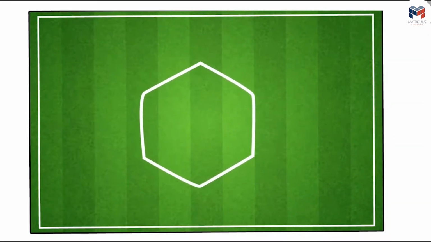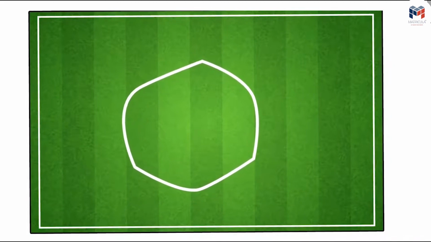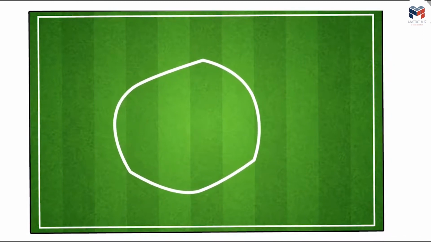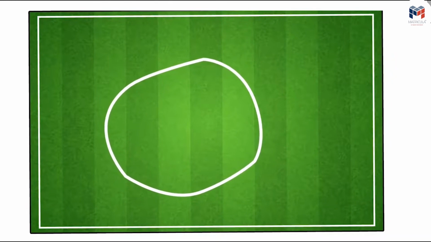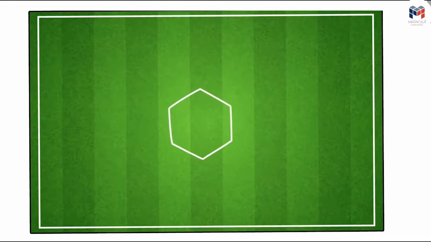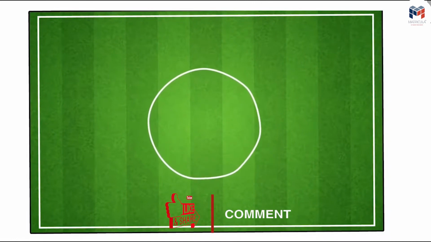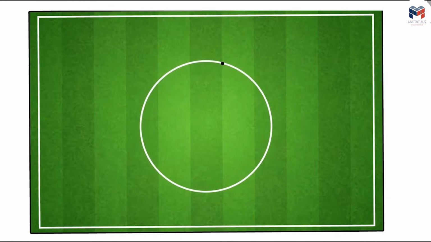If we increase the number of sides of the track indefinitely, then what do you think would happen to the shape of the track? On increasing the number of sides of the track indefinitely, the shape of the track will be that of a circle and the length of each of the sides will decrease to a point.